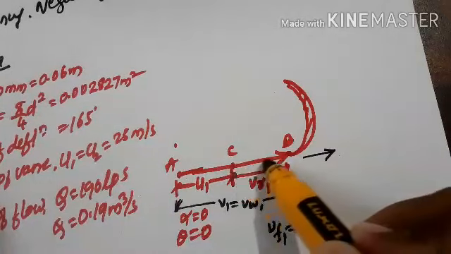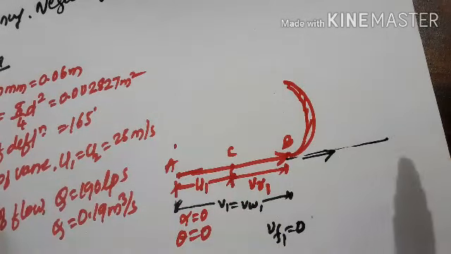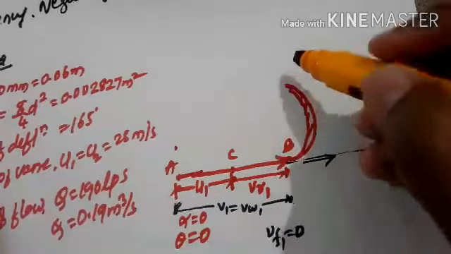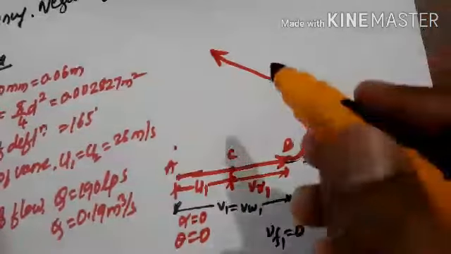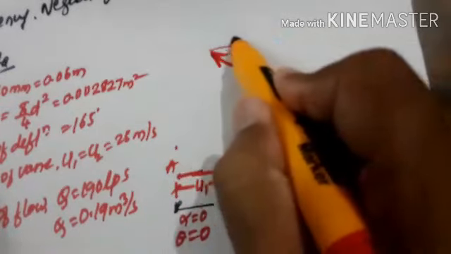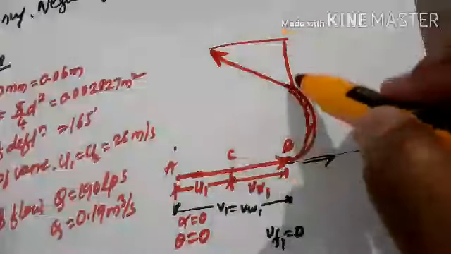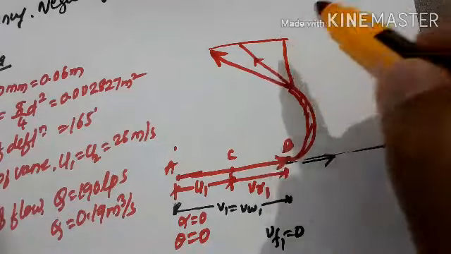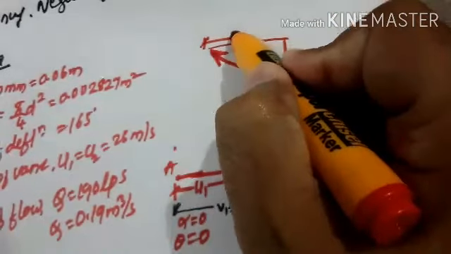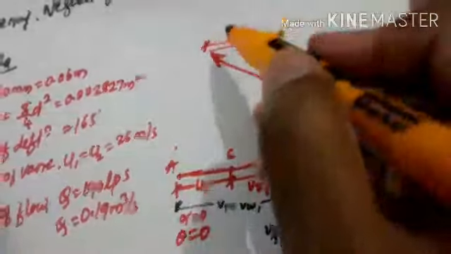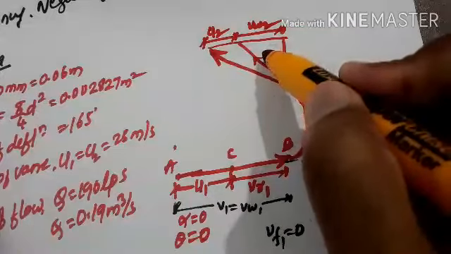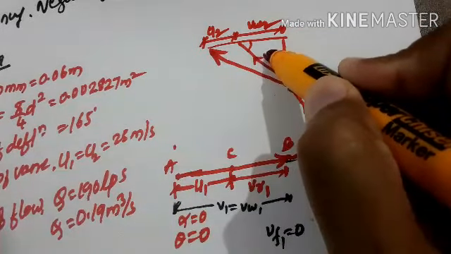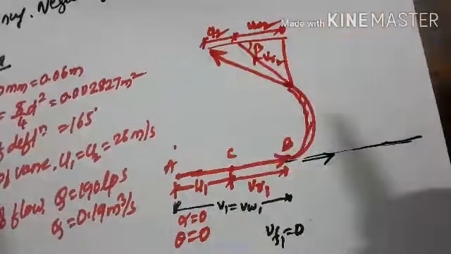Then after striking, the jet strikes like this, then after striking this it exits like this. Then you can mark like this, then this will be V2, and this is U2 and this is VW2, and this one VR2, and this angle is beta.